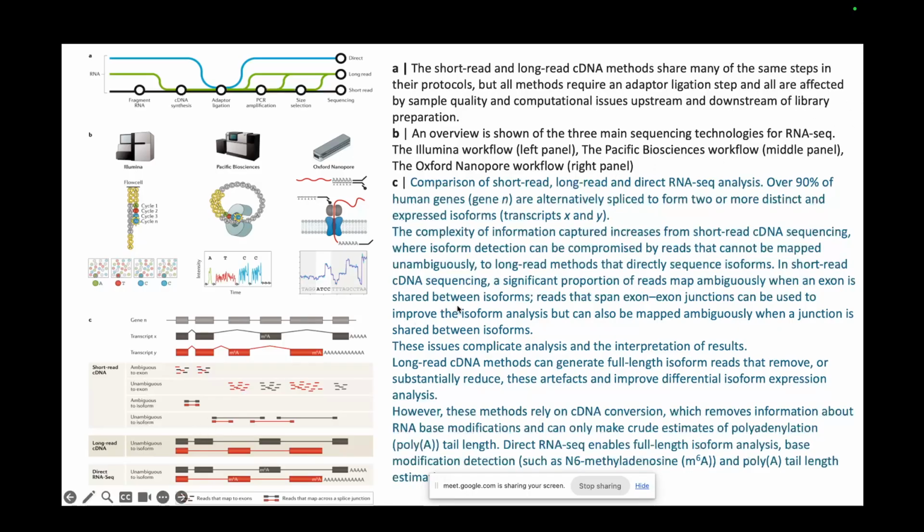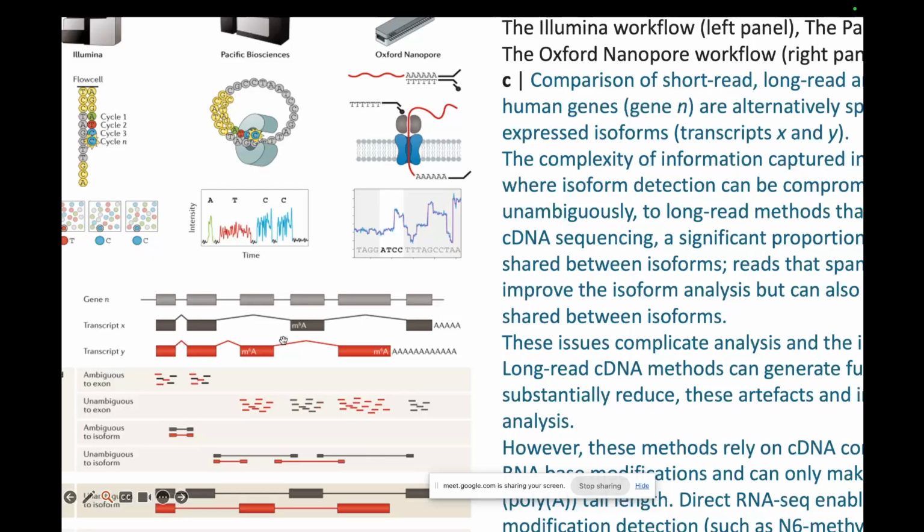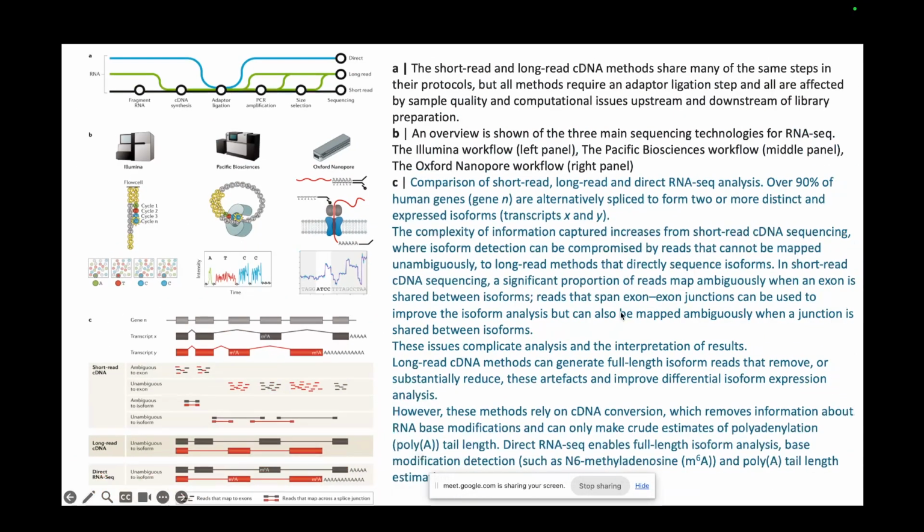If you have long reads, you can span the junctions between exons and introns, and you can find different isoforms of the mRNAs much more easily compared to short reads. Over 90% of human genes are alternatively spliced to form two or more distinct expressed isoforms, in this case transcript X and Y. The complexity of information captured increases from short read DNA sequencing, where isoform detection can be compromised by reads that cannot be mapped unambiguously, to long reads that directly sequence isoforms.